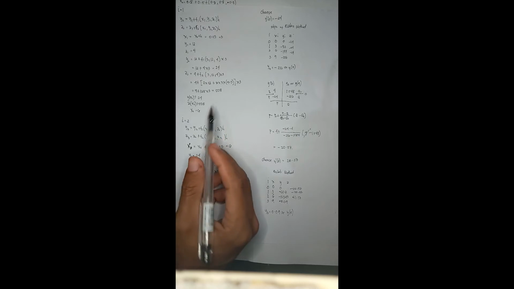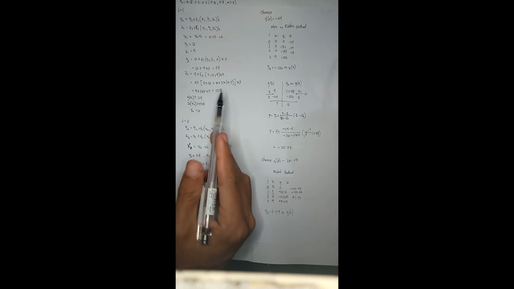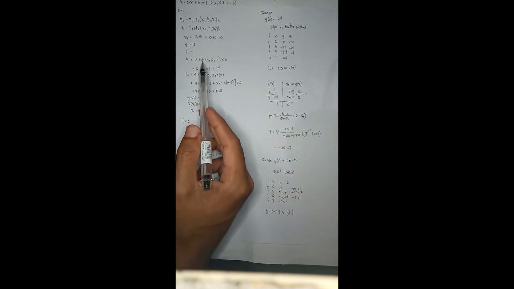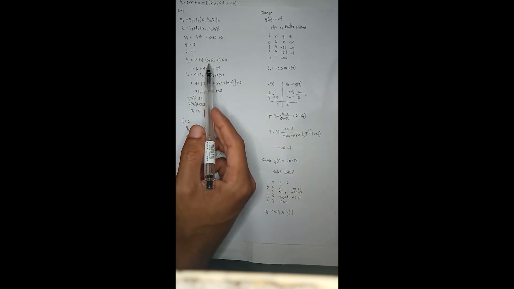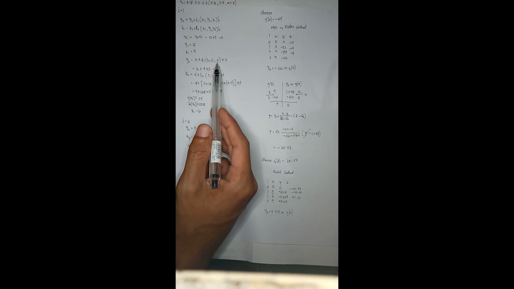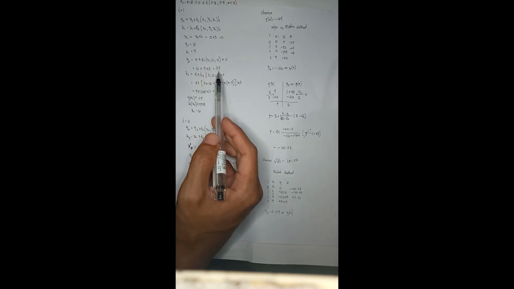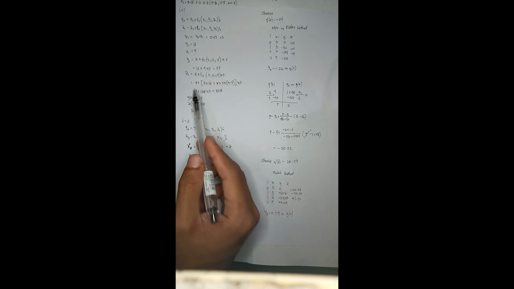Our y1 is equal to 12 and our z1 is equal to 4. y2 is equal to 12 plus f1 times (3, 12, 4) times 3, which is 12 plus 4 times 3, that is 24.